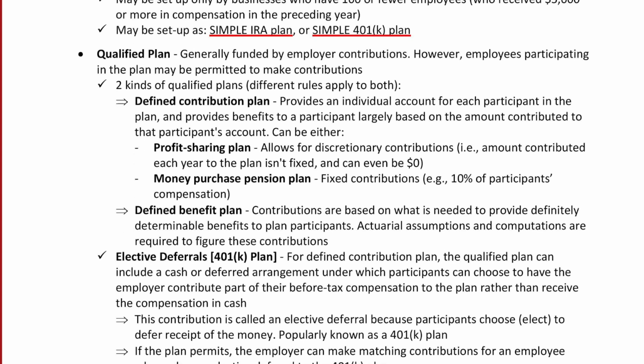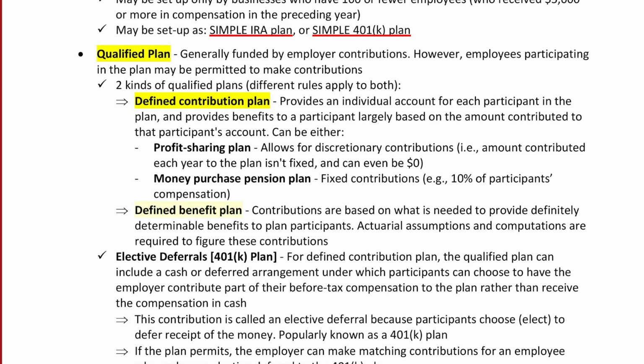Next, we have highlight qualified plans, which are generally funded by employer contributions. There are two kinds of qualified plans. Number one, highlight defined contribution plan, where the employer defines the contribution made on behalf of each employee.